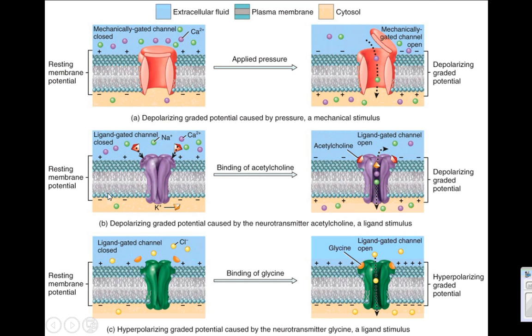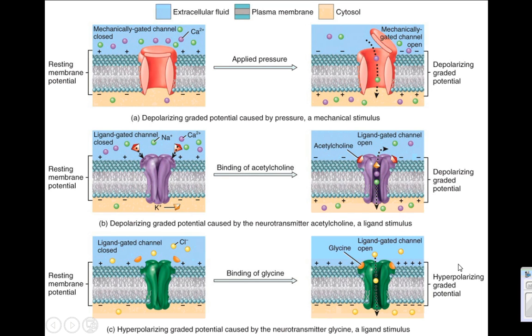Okay. The same thing is essentially occurring here, except this is a ligand-gated channel, which requires a ligand or chemical to bind to it, like acetylcholine. So we're going to talk a lot about acetylcholine in this class. It binds to a receptor that opens up that channel, allows ions to flow. We go from negative to positive, also depolarizing. Okay.